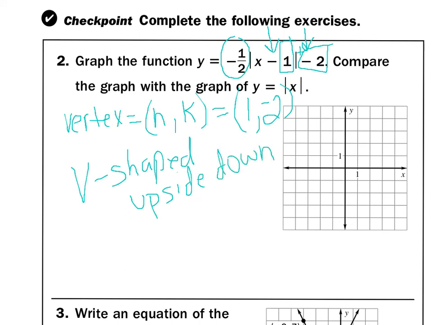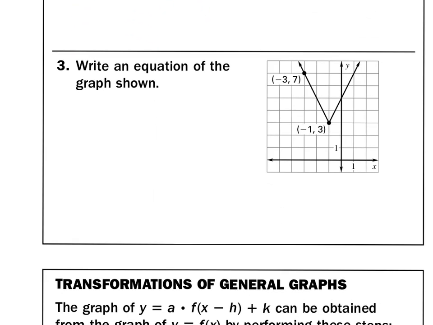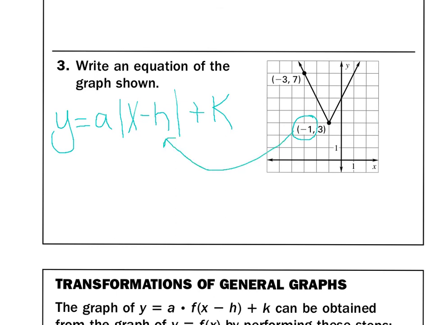Okay. Next one, we're going to write the equation of that graph. And your h, k is negative 1, 3. So you're going to write your standard form. Y equals a times absolute value of x minus h plus k. You're going to put in negative 1 for your h.